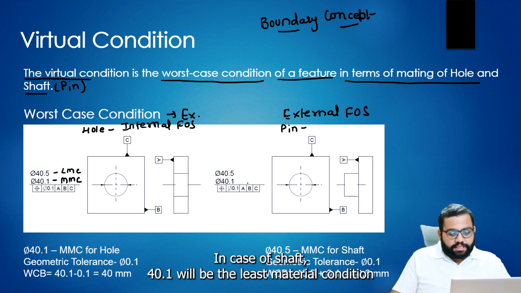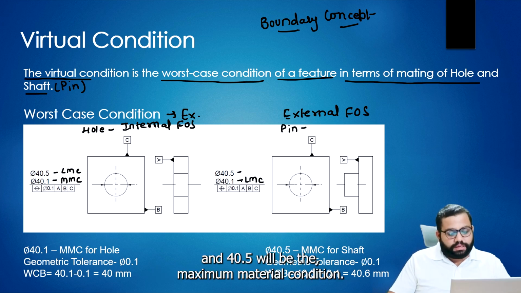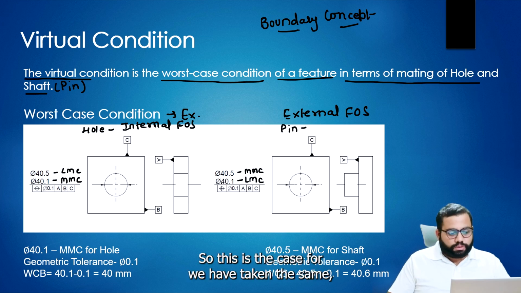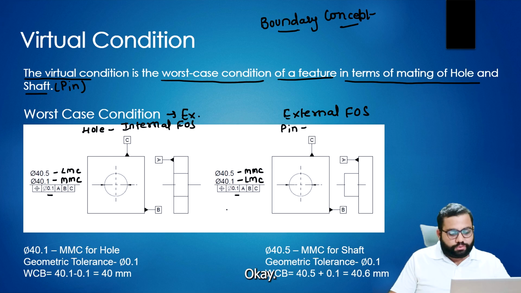In case of the shaft, 40.1 will be the least material condition and 40.5 will be the maximum material condition. We have taken the same positional tolerance, 0.1, in both cases.